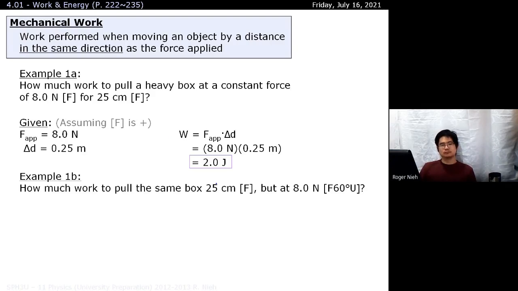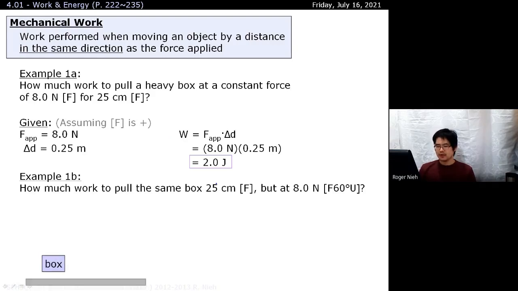Here's a similar question. Okay, how much work is it to pull the same exact box, but this time around, you're pulling at 8 newtons at an angle slightly upwards?